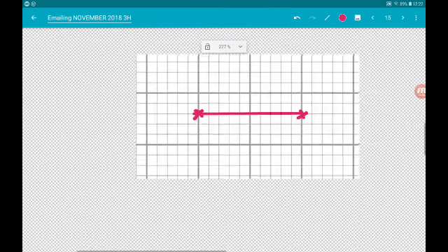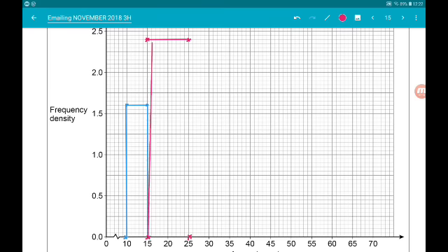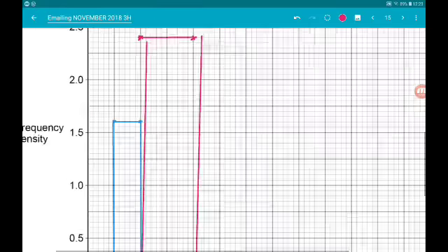You don't have to use, obviously, different colours. I just try and make the boring things look a bit more interesting. Right, let's sharpen that up.